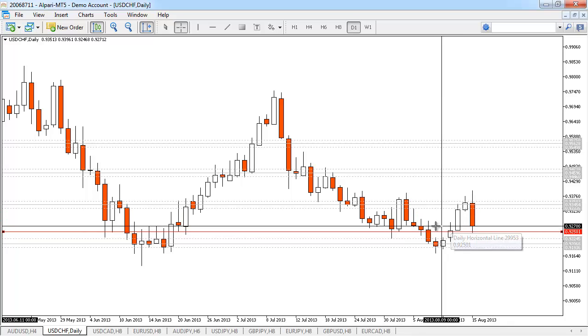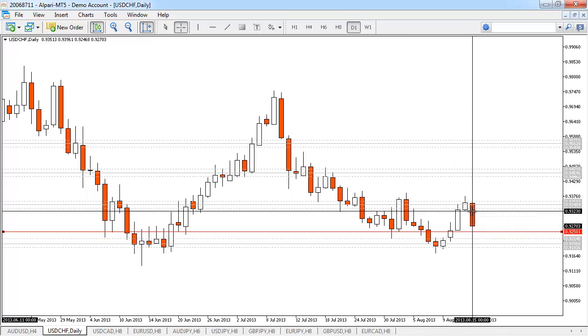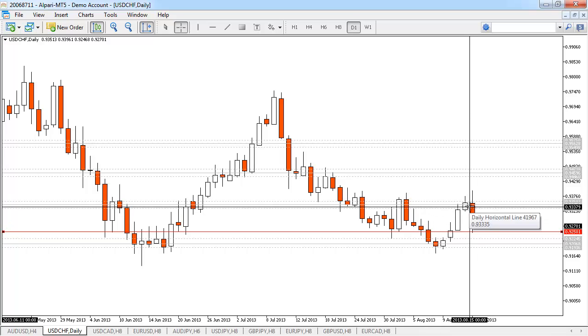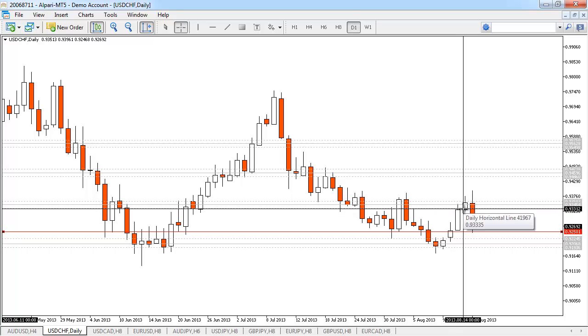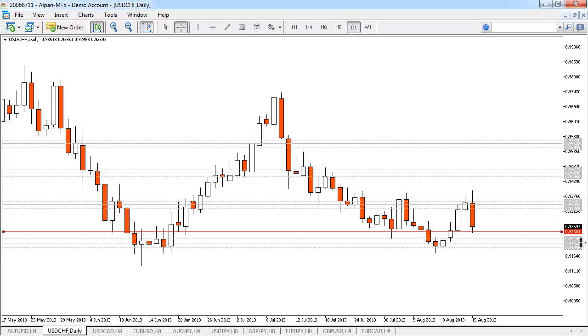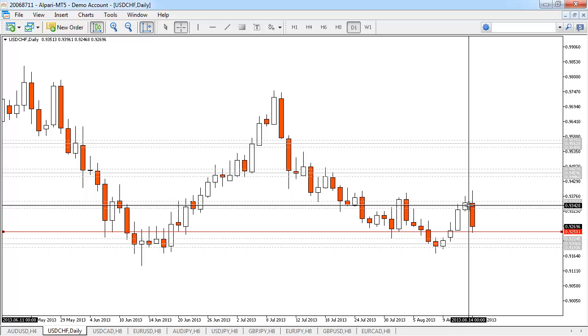If I'm setting just an automatic exit, I'd probably set it on the line just because there is resistance up here and I don't want it to get specifically to this line and then reverse, because there are sellers up there. So it just depends on if I'm around to watch the trade. If I'm able to watch the trade from my mobile phone or at my actual computer, I'll set my exit a little higher and just watch and see how price reacts around here.